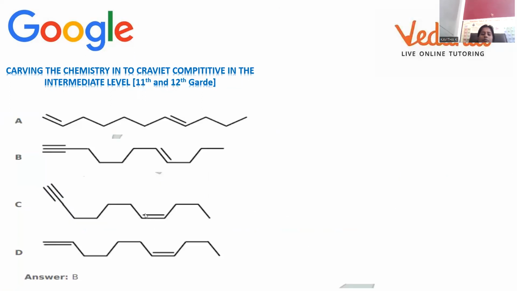Both are fulfilled in option B. In option B, only one triple bond got reduced, and we got a trans double bond, and the terminal triple bond is not affected. The entire data is particularly suitable for option B. For question number 3, option B will be the correct answer.